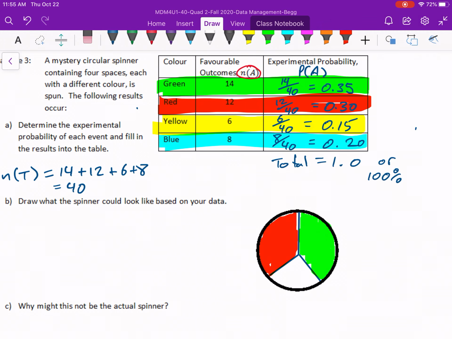Well, I know that 15 plus 35 adds up to 50, so I can probably just extend this line straight down. That would be our 15%. And then what's left is the 20%, which would add to the red to give 50 as well. That's my blue. So maybe this spinner looks exactly like this. All right? So, okay, no problem.